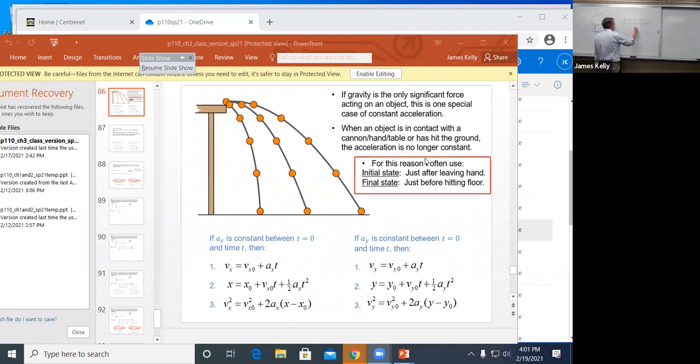That would give me t squared is minus 1.6 times 2 divided by 9.8. I could do that in my calculator and then take the square root of it. And according to my notes here, t equals 0.571 seconds, a little over half a second it's in the air.